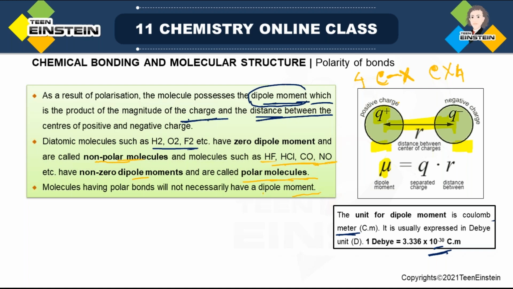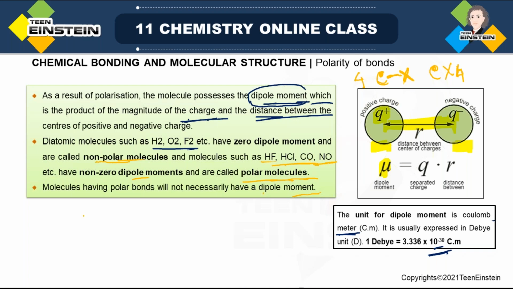I'm not saying that you will always have this type of phenomenon. That is not necessary, but in some cases it depends on the geometry. If the geometry is very symmetrical, obviously one bond polarity will nullify the other bond polarity, but it may not always be so. Suppose the geometry is such that this type of cancellation of dipole moment is not possible, then overall the molecule will have some dipole.